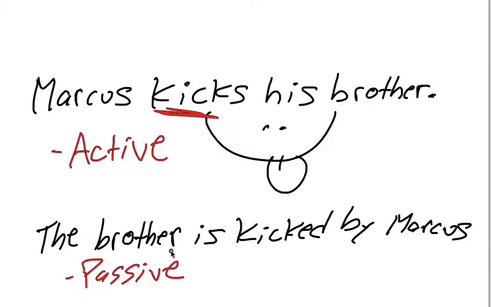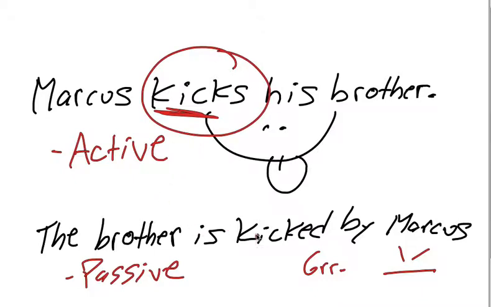And you don't resist. And so in this sentence, the brother is being kicked. He's being acted upon by someone else. In this case, his very mean brother, Marcus. So that's the difference between an active sentence and a passive sentence, between an active verb and a passive verb.